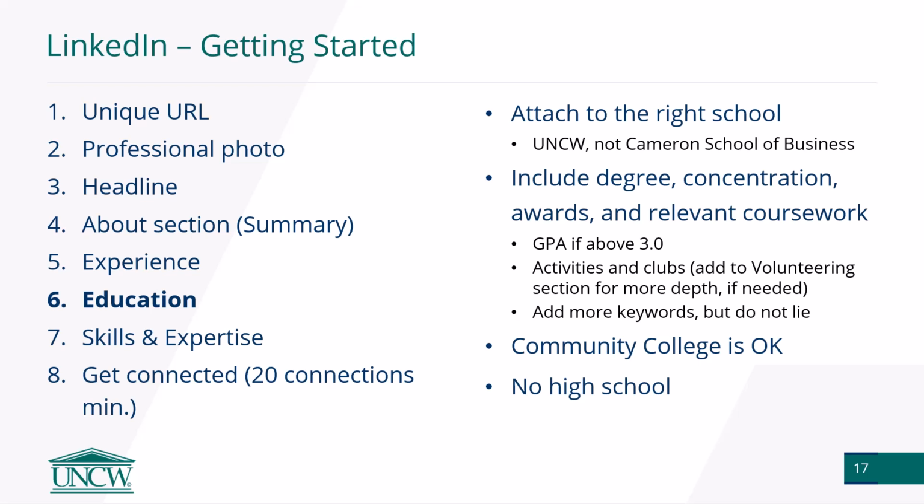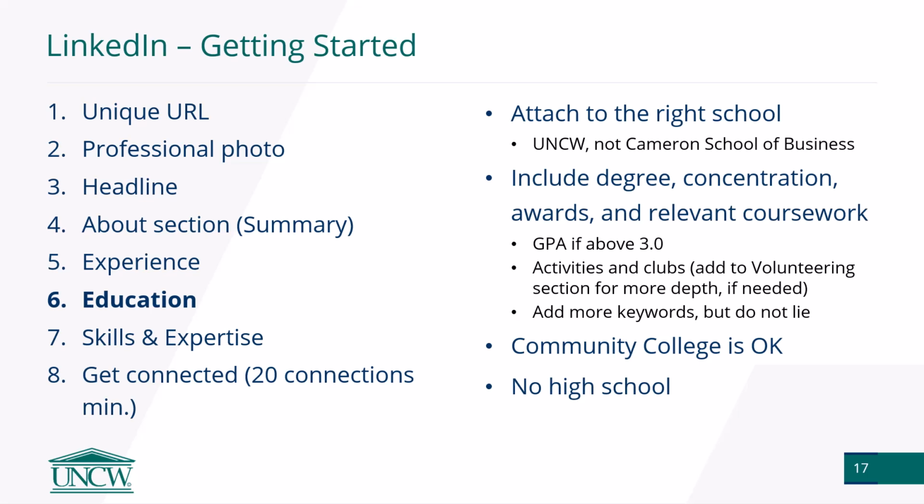You want to make sure that it's attached to the organization, because sometimes recruiters will use organizations and schools as part of their search. And if you're not attached to the organization properly, you may not show up in a search. An example with UNCW is I've seen some students connect themselves with the Cameron School of Business and not UNCW, the institution. If I happen to be doing a search for people that come from UNCW, you may not show up in that search because of that.